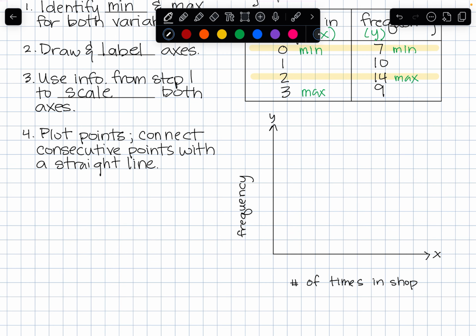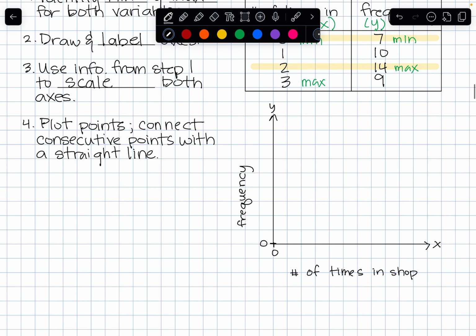Number of times in a shop starts at 0, and frequency, while I didn't see it in my table, can be 0. So I'm going to start at 0, 0 on both axes. For the x-axis, I need to go all the way out to 3.